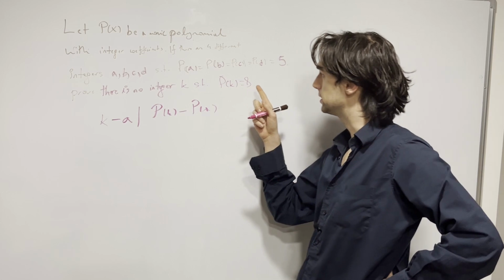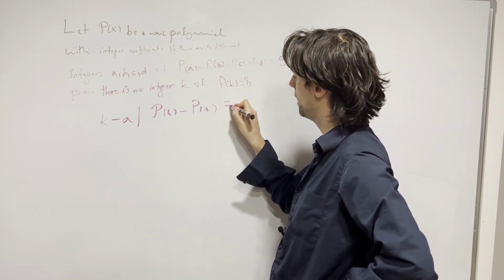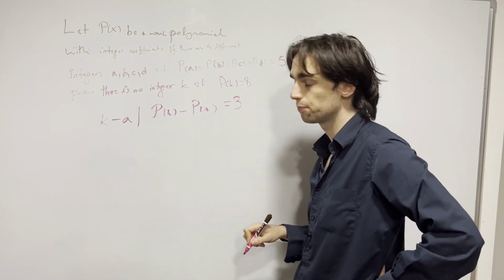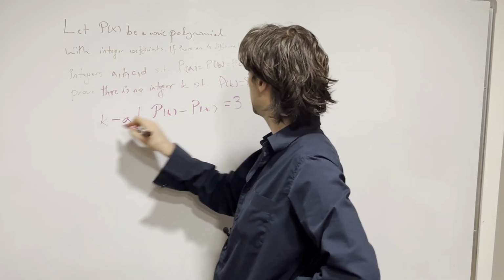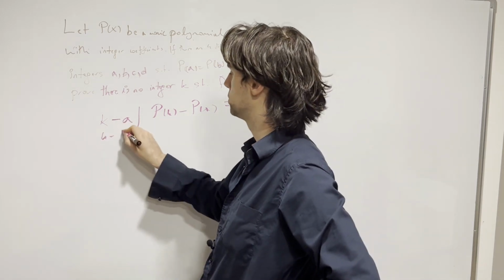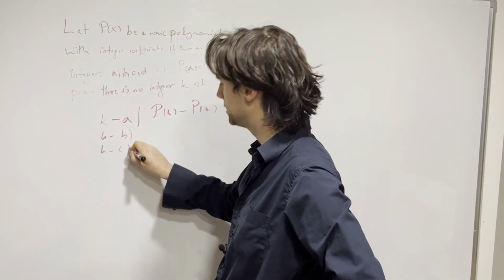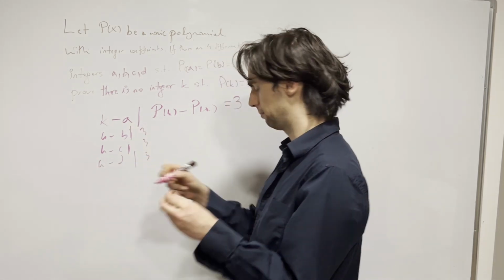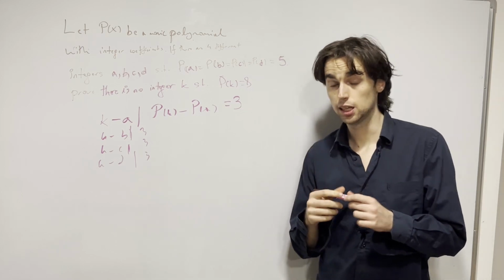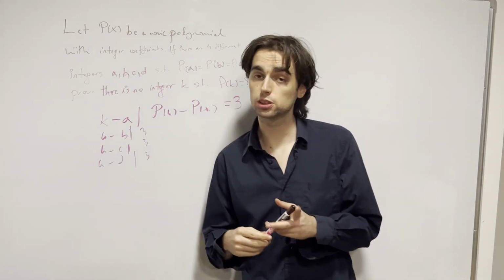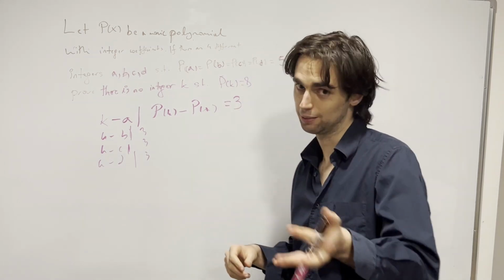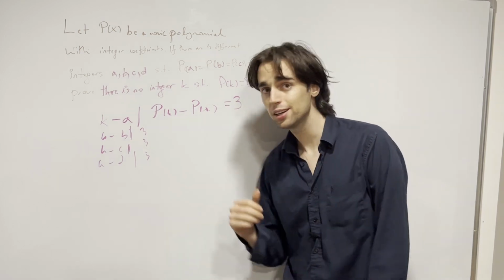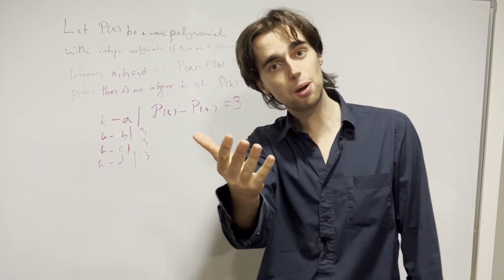And in this case, this is 8 minus 5, which is 3. So we have k minus a divides 3, and also k minus b, k minus c, and k minus d. All of these divide 3. Now, how many different divisors does 3 have? I invite you to pause here for the next 10 minutes and try to push the problem further.